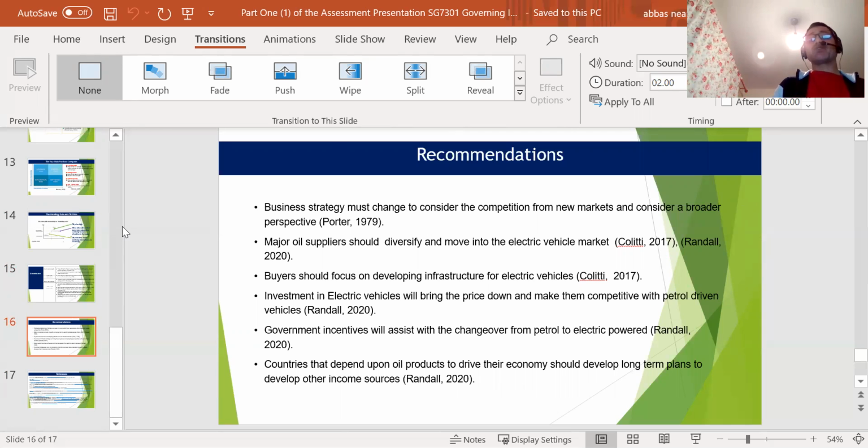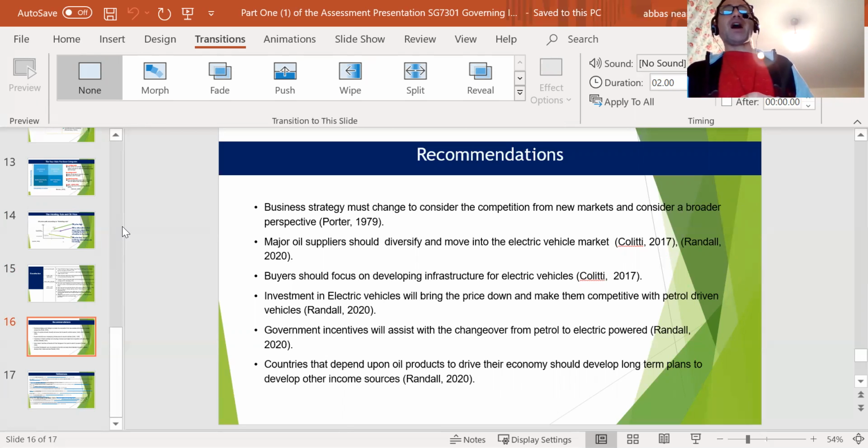Major oil suppliers should diversify and move into the electrical vehicle market, and buyers should focus on developing infrastructure for electric vehicles, such as charging stations at supermarkets and railway stations. Investment in electrical vehicles will bring the price down and make them competitive with petrol-driven vehicles.